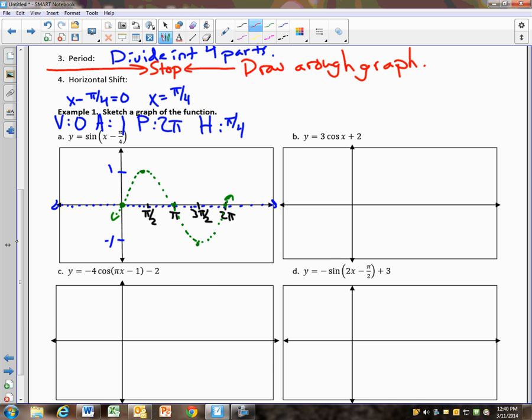If pi over 2 is 1 tick mark, pi over 4 is going to be right in the middle. So what I do then is my actual graph will be in red right here. I take each of these points and I move them half of a tick mark.